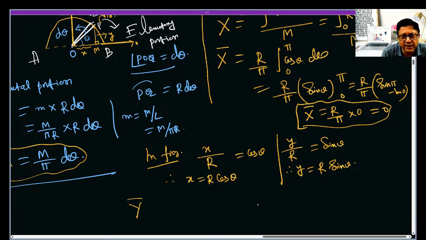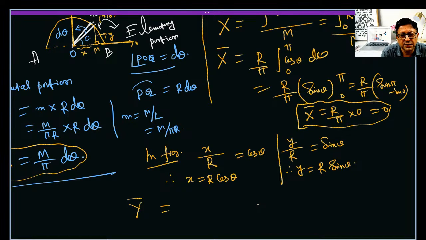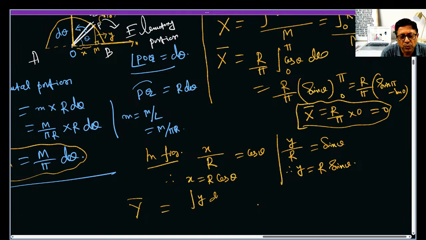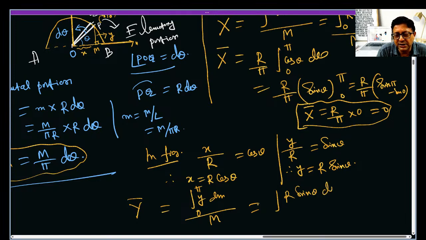Y bar I am writing here. It is integral of y dm, 0 to pi. Same way, this divided by total mass. What is y over there? It was r sin theta.